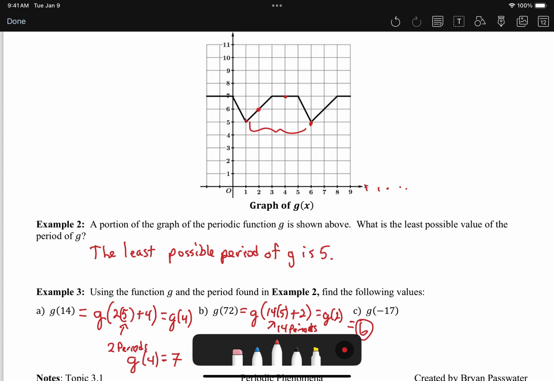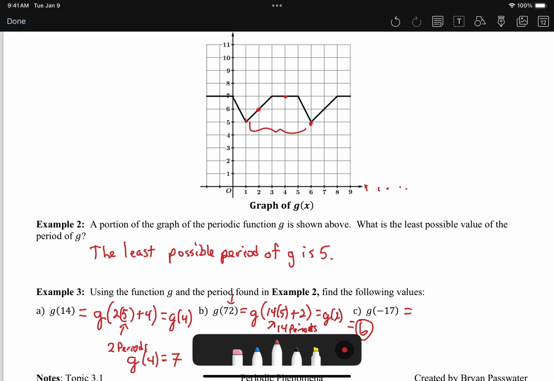Now, you may be asking me, where am I coming up with this? You can pick anything that works to this number right here, as long as you have it in terms of 5. It's just a linear equation, really. So, for instance, how could I get negative 17? Well, let's see.